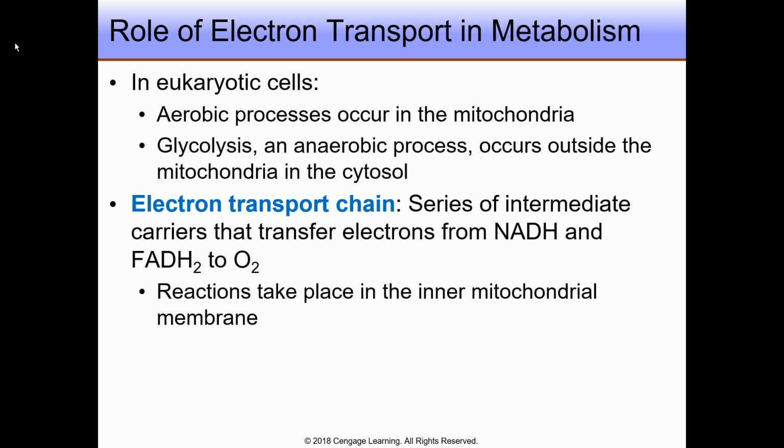So in this whole process of aerobic or cellular respiration, ATP is produced by two different phenomena. One is called substrate level phosphorylation, and the second is called oxidative phosphorylation. The molecules of ATP which are produced in glycolysis as well as in the Krebs cycle are produced by substrate level phosphorylation.